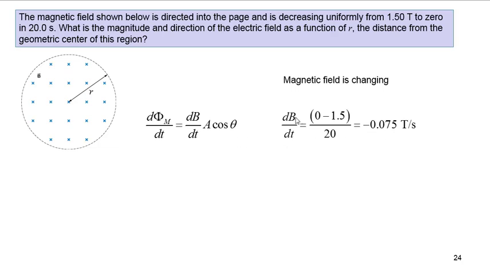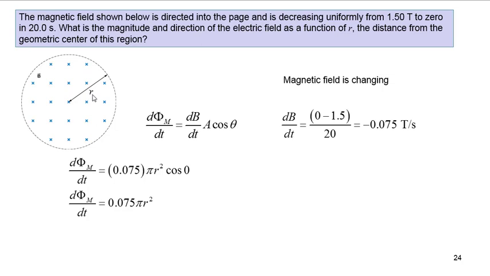So I'm going to plug this in here for dB/dt, and I can find that the rate of change of my flux is equal to 0.075 times A. Well, A is the area that I'm considering. Here is the loop. This is the loop that I'm going to consider when I do my line integral. So I'm going to take the area of this loop. That's just pi r squared.